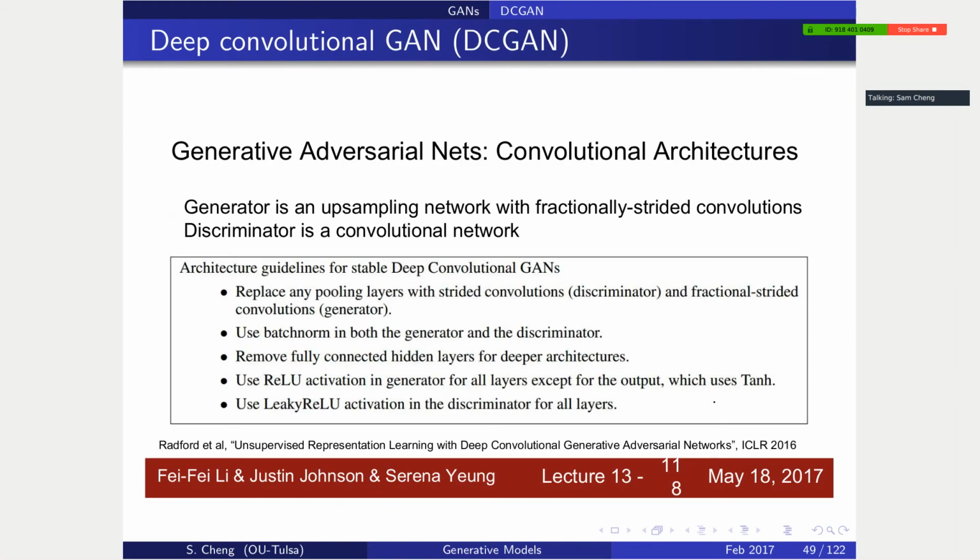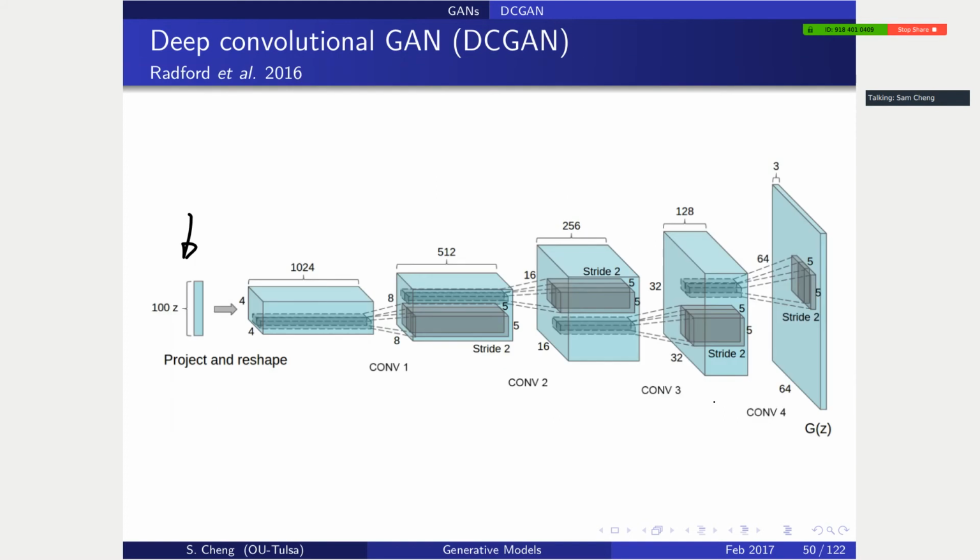And then another application here, more realistic, the so-called DCGAN. It's trying to combine GANs with convolutional neural networks, so it's not really something very special.